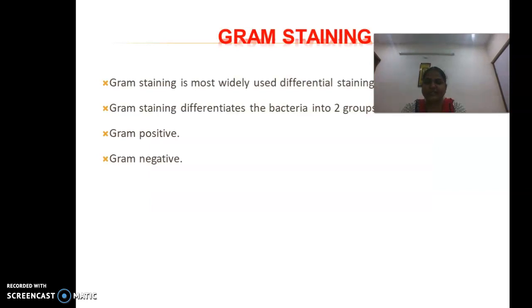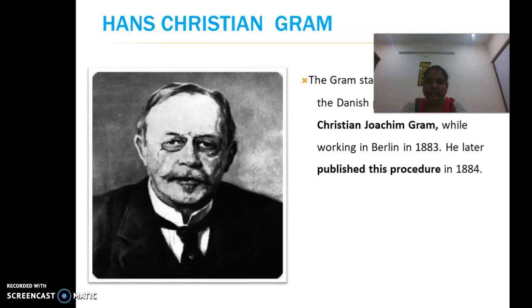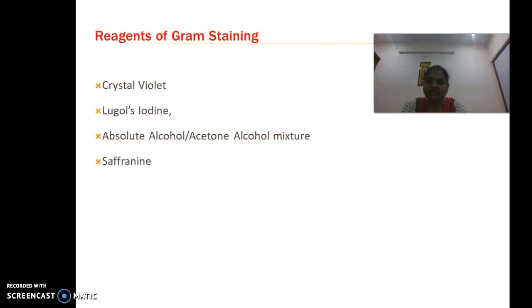Apart from simple staining, we are also going to learn about differential staining, and one important form of differential staining is gram staining. Gram staining is mainly used to differentiate bacteria into gram positive and gram negative, and this staining method was given by a Danish physician, Hans Christian Gram, in the year 1883.